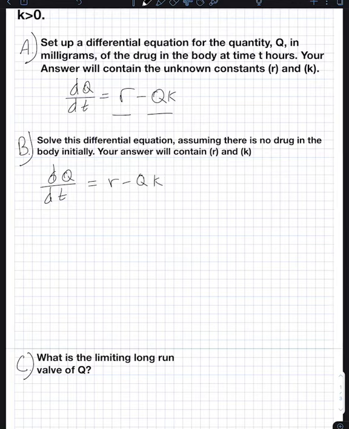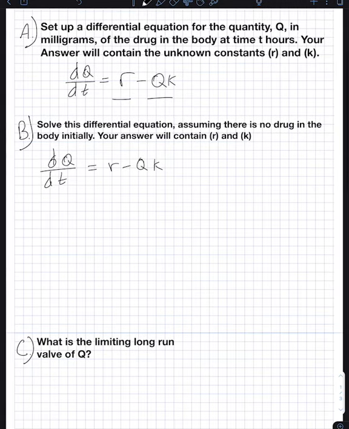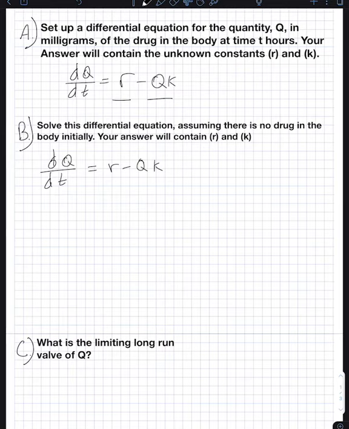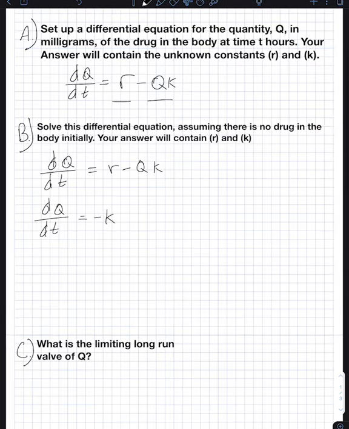I take out a negative k, which divides the R by negative k, and then it's plus Q. It gets rid of the negative sign on the Qk, and divides out the k.